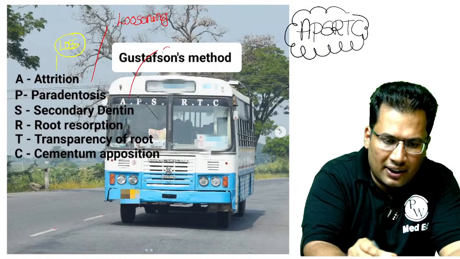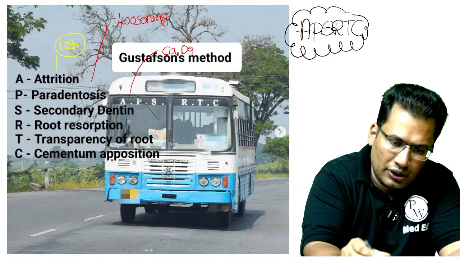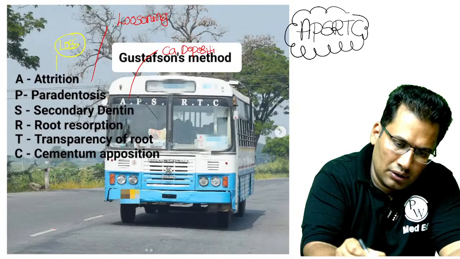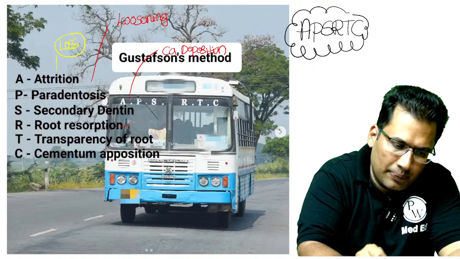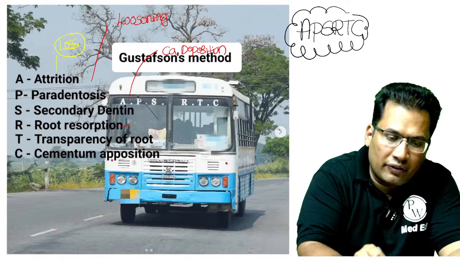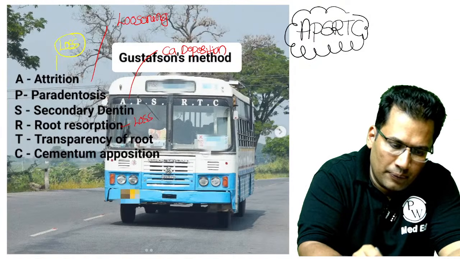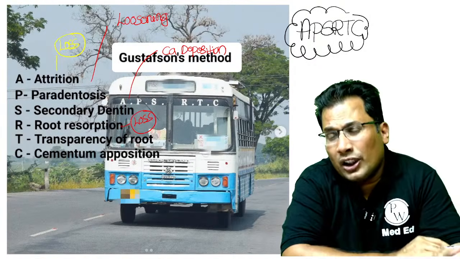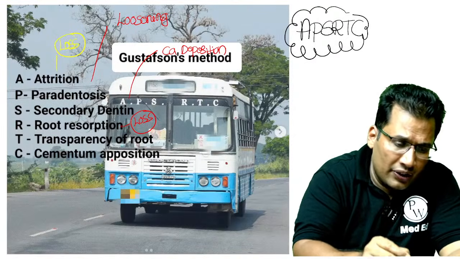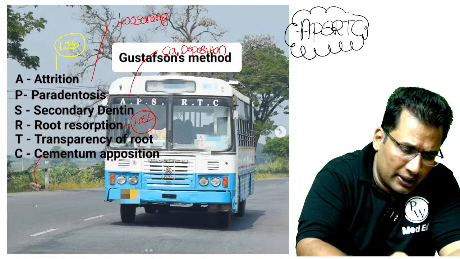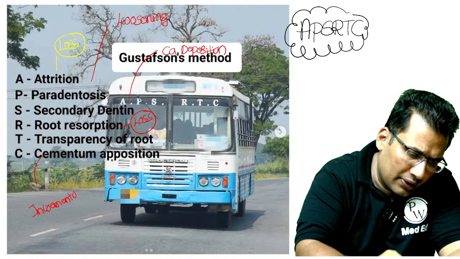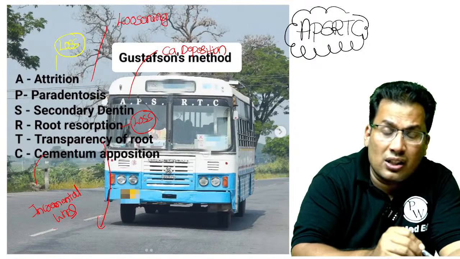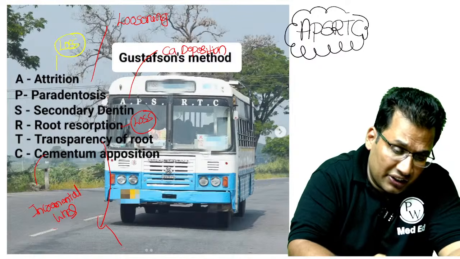S, secondary dentin, that is the calcium deposition. R, root resorption, that is basically loss of dentin tissue at the root. C, cementum apposition, basically incremental lines. T, transparency of root, or translucency of root, which increases.